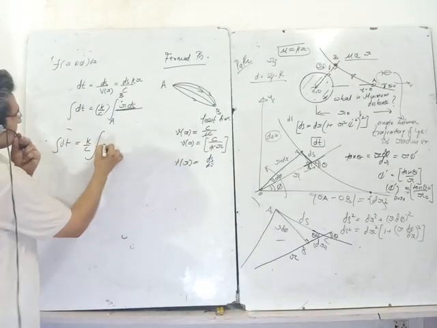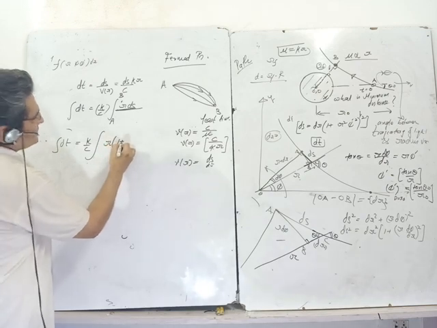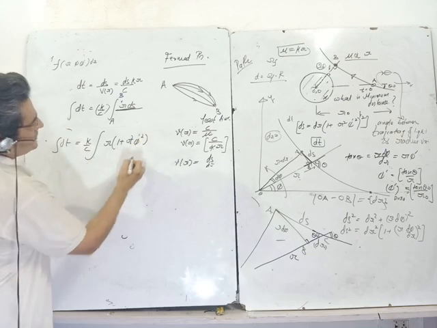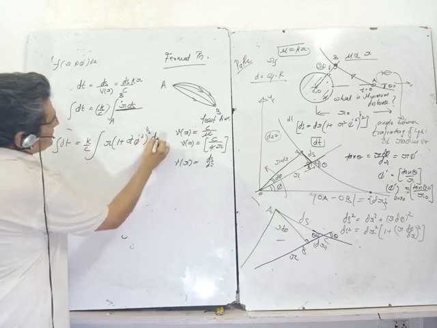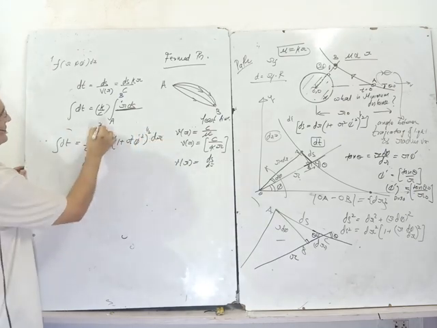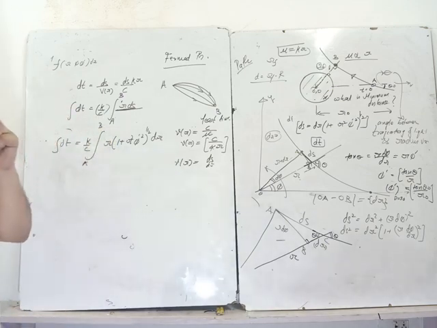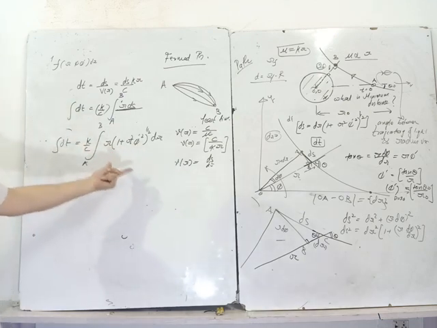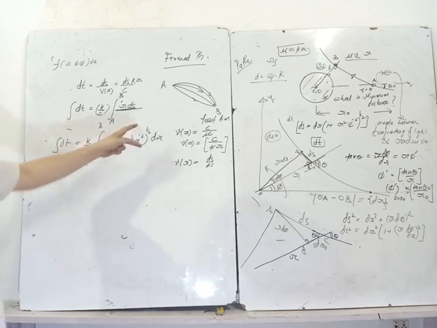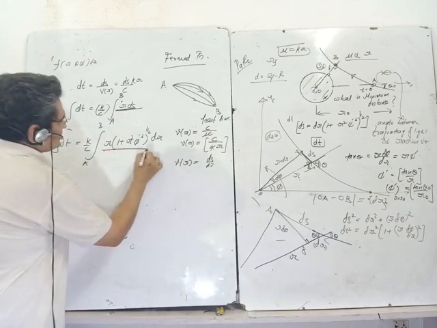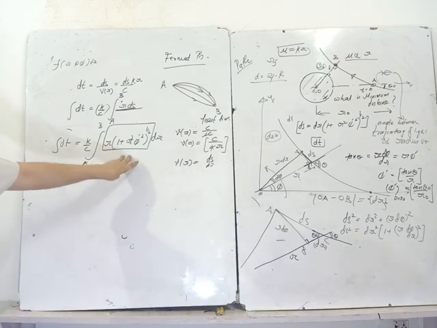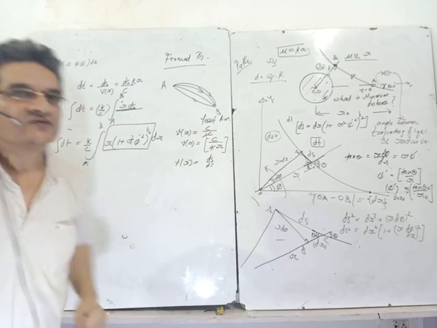So I get a function R times 1 plus R square phi dash square 1 upon 2 dr, and boundary conditions are A to B. These are some values from point A to point B. To get a stationary result in this equation, this function, this is a function now, should satisfy a differential equation.